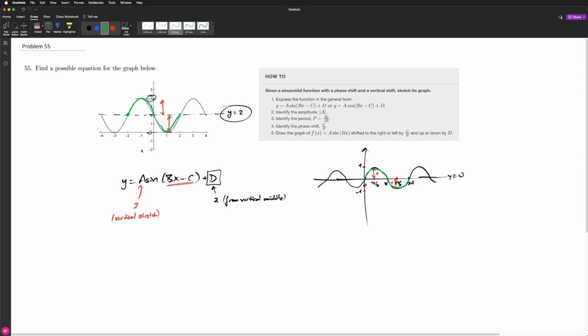Alternatively, you can use these formulas. So the period is 2 pi over the absolute value of b. And b, we can take it to be positive in this case, the way we chose our piece. We didn't pick a reflected sine piece. We just picked the regular sine piece.